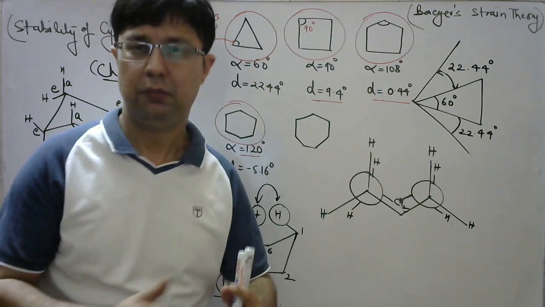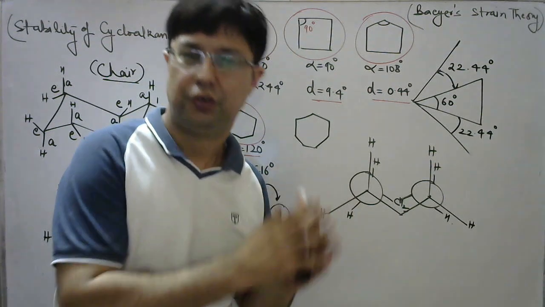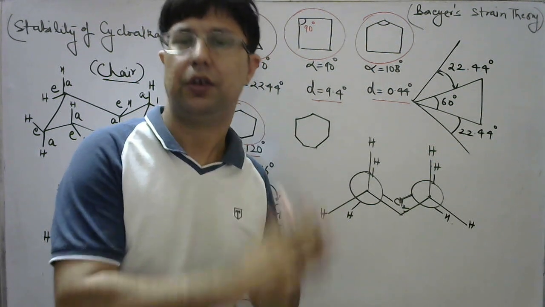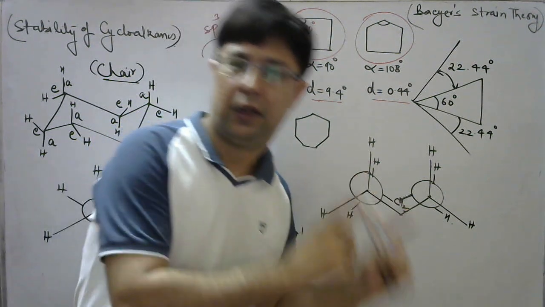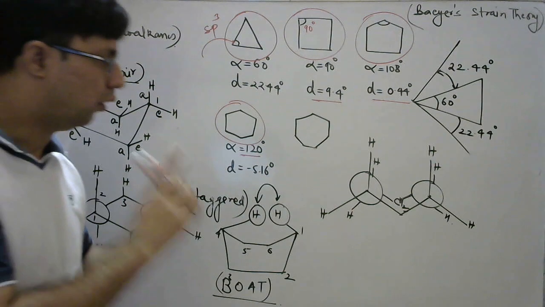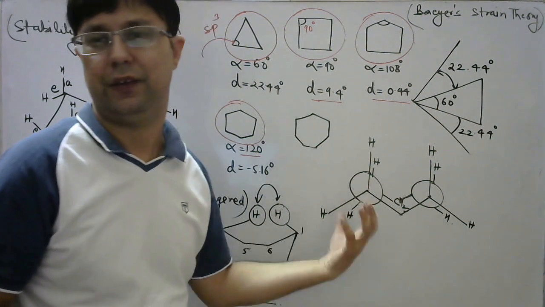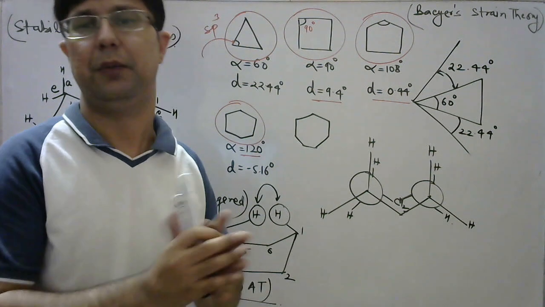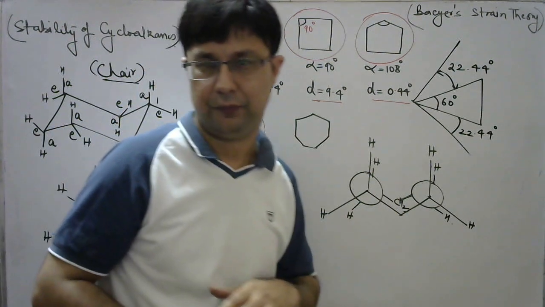So the chair form is more stable than the boat form because of torsional strain and because of minimized flagpole interaction. In the case of the eclipsed form, the bonds are present in the eclipsed position, and secondly, there is the presence of flagpole interaction, which reduces the stability of the boat conformer as compared to the chair form.